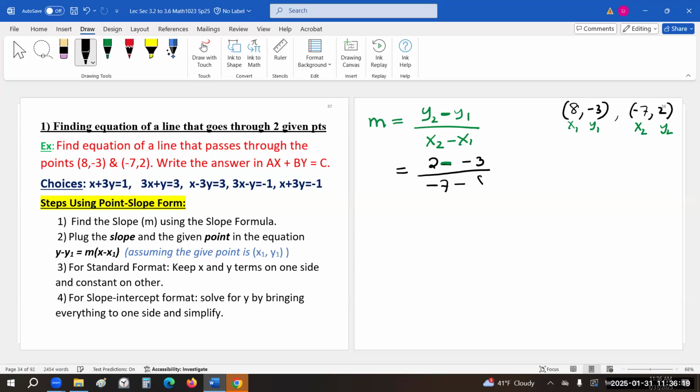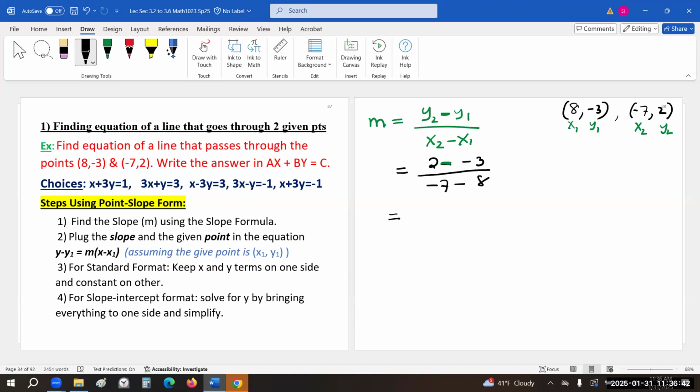Negative 7 minus 8. One thing you have to remember is that whatever is y2, the number next to that must be x2. So you cannot switch their position. If you write this first, you have to write this first on the denominator. Okay.